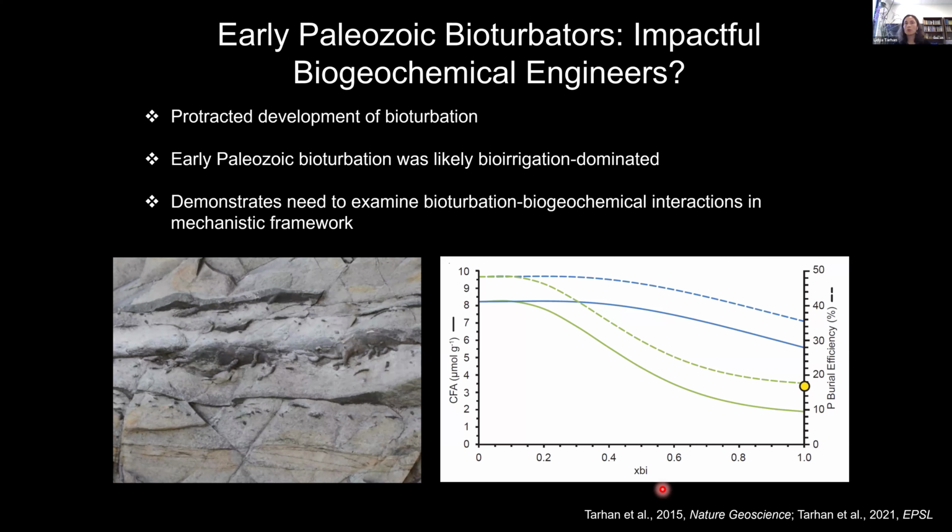But if we return to some of what we've learned from these geochemical modeling exercises that I've shared with you, if early Paleozoic bioturbation was dominated by bioirrigation, as potentially suggested by that trace fossil record and by the paucity of well-mixed sediments over this interval, that might suggest that bioturbation increases through this time would have served to increase phosphorus recycling rather than increasing phosphorus burial, as previous studies had suggested.